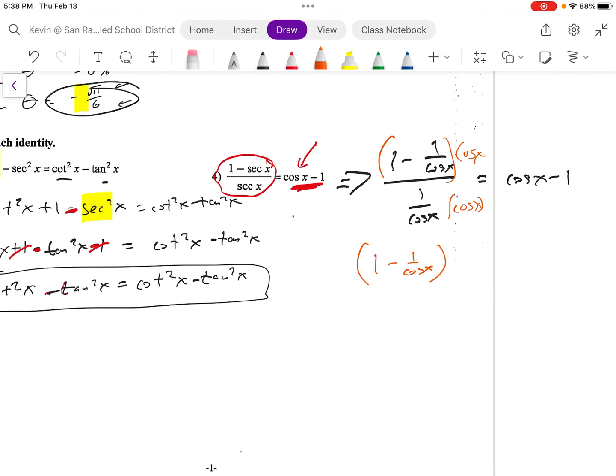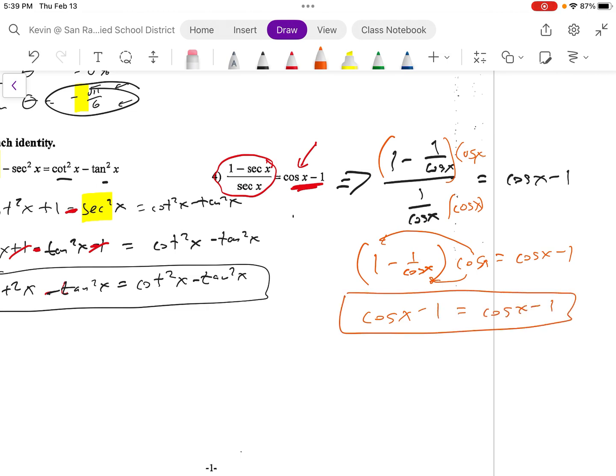Basically, I'm dividing by the reciprocal, so I'm multiplying it by cosine x. A lot of different ways of saying the same thing. So this is cosine x, distribute that in, cosine x, distribute that in, minus 1 equals cosine x minus 1. All right, pretty straightforward, pretty simple.